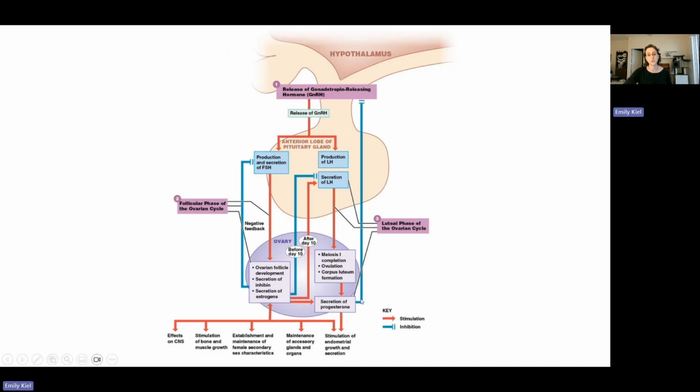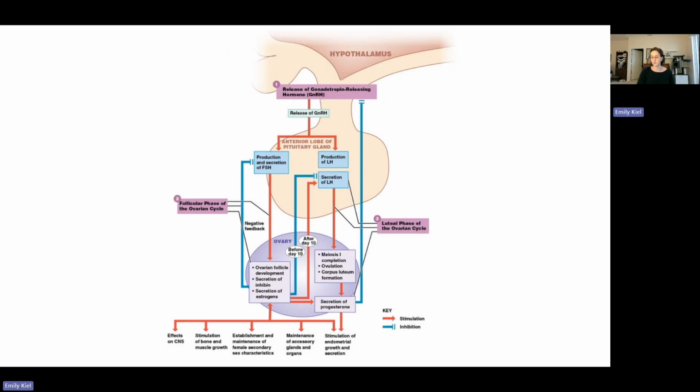And then that progesterone, again, is that negative feedback to go back to the hypothalamus and say, hey, don't produce any more gonadotropin releasing hormone for now. So we've got a couple of places where there is that negative feedback. I think it's helpful for me to always remember follicle stimulating hormone is making the follicles happen, so that ovulation can occur.